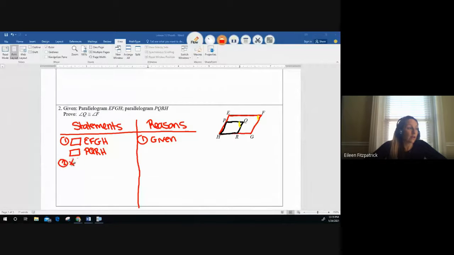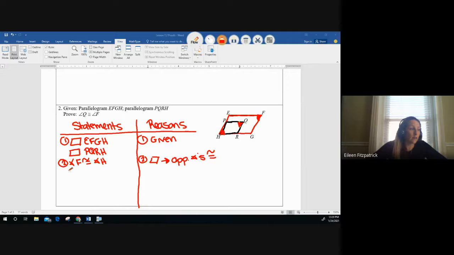Okay, I know that angle F is congruent to angle H. And how do I know that? They are opposite angles of a parallelogram. So I can say parallelogram implies opposite angles congruent. Now, with that same justification, can I say that angle H is congruent to angle Q because they are also opposite angles?